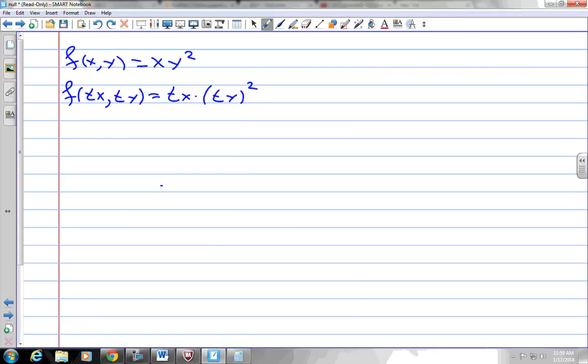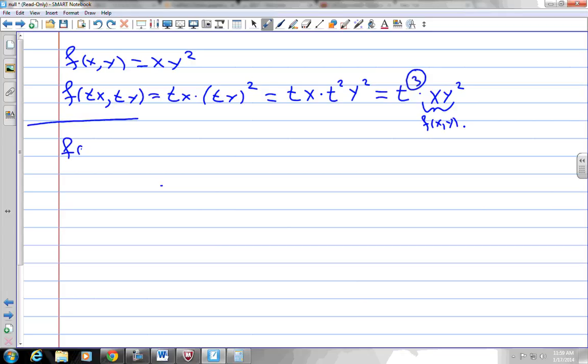If I further the computation, I get tx times t squared y squared, which becomes t cubed times x y squared. This is the original function. So this is a homogeneous function of degree 3. Whatever the power of t that shows up, that's the degree of that homogeneous function. Same thing with the other one.